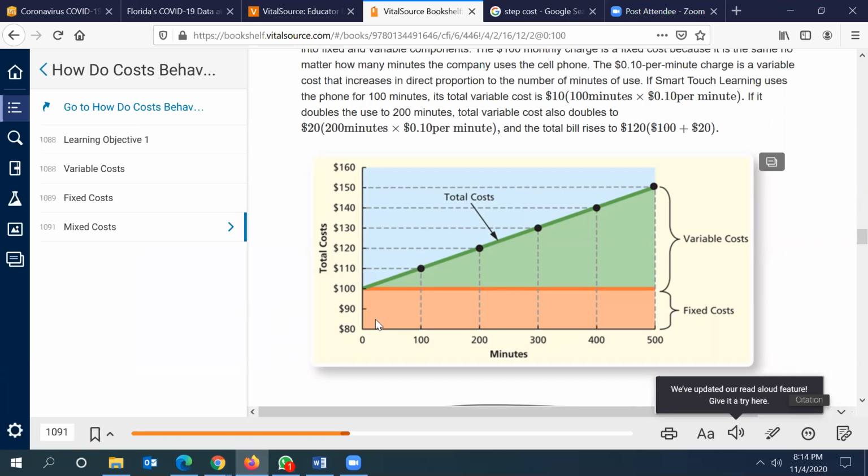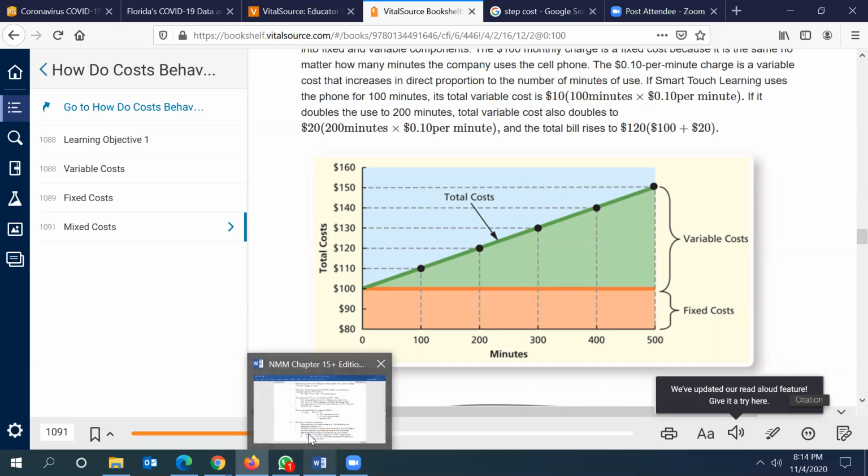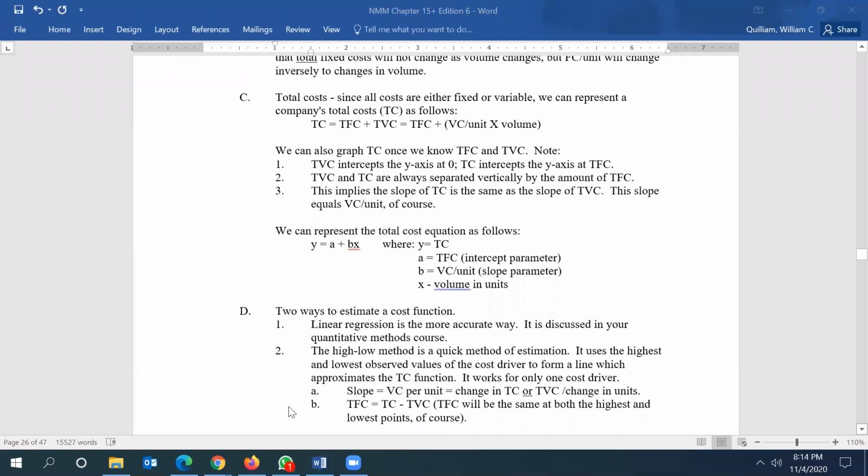But then, as we produce more and more units, the amount by which total cost will increase will be variable cost per unit, the same as that of total variable cost. So that's why total cost and total variable, if we had it here, will be parallel, just to let you know. So again, for total variable cost, the y-intercept is at 0, and for total cost, at total fixed.